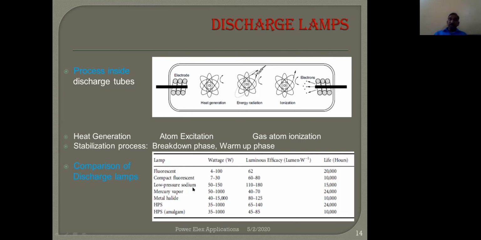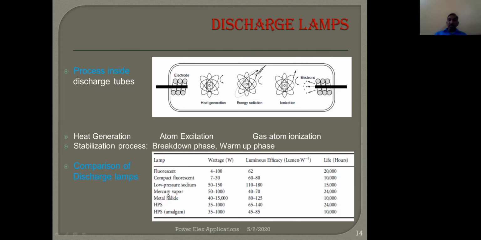Whereas compact fluorescent, the small tubes with better luminous efficacy, can work for 10,000 hours. Sodium vapor lamps: low pressure are available up to 150 watts and high pressure up to 500 watts, with better luminous efficacy and life.